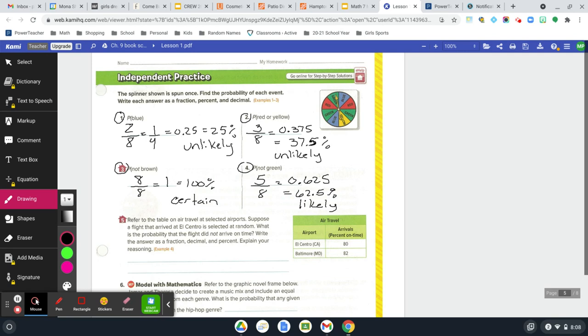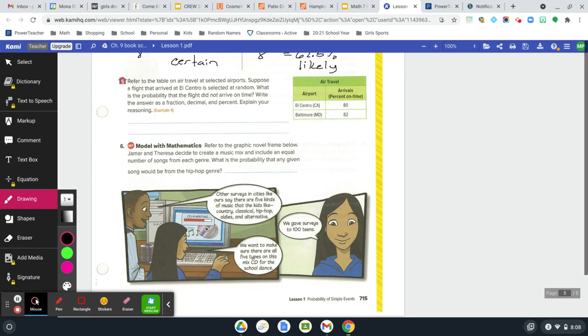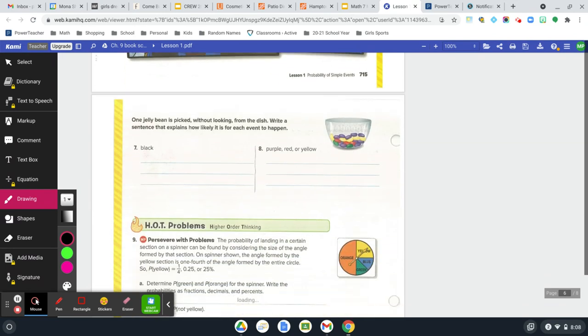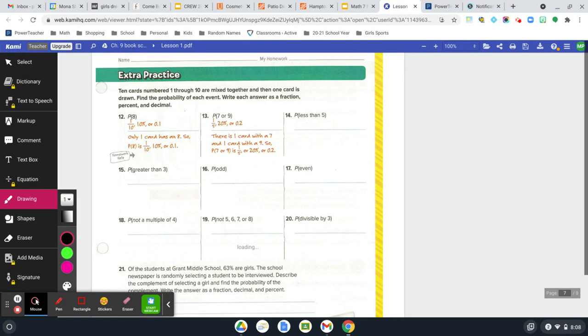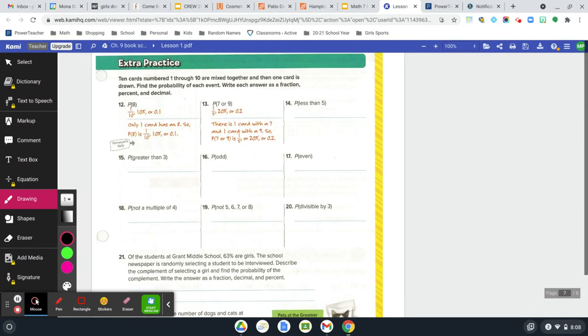So hopefully you did well. You're catching on to this. And so I'm going to have you try again. So you're going to go to the extra practice on page 717. And here you're going to see always with the extra practice that they always do the first couple for you.